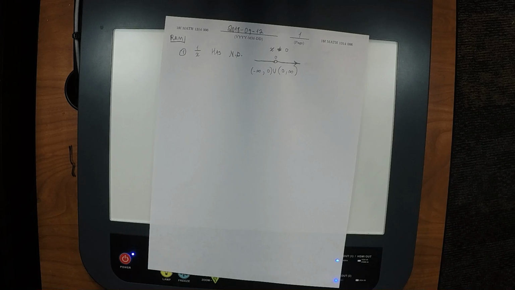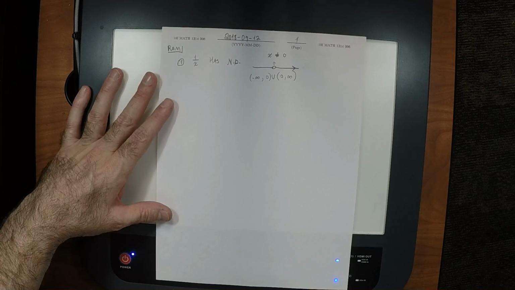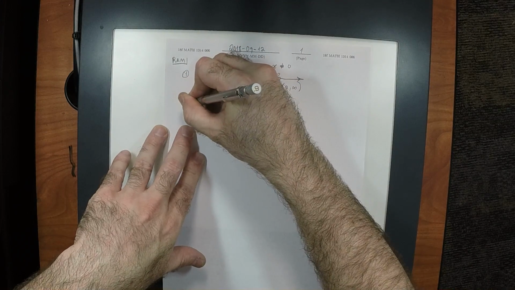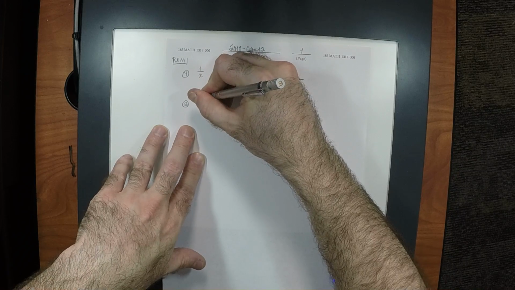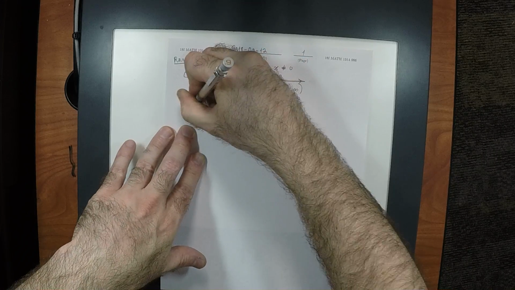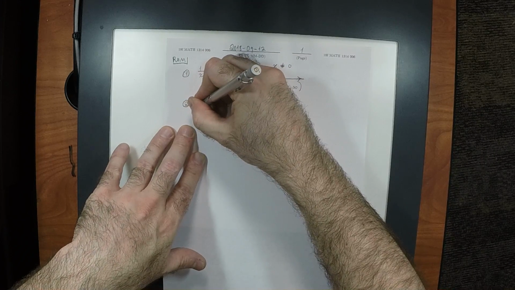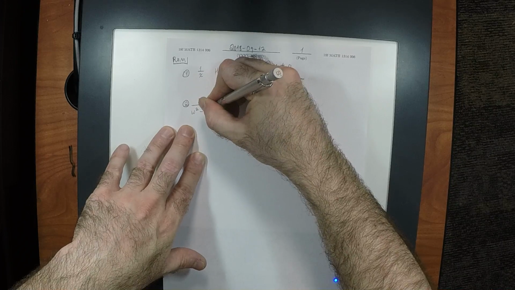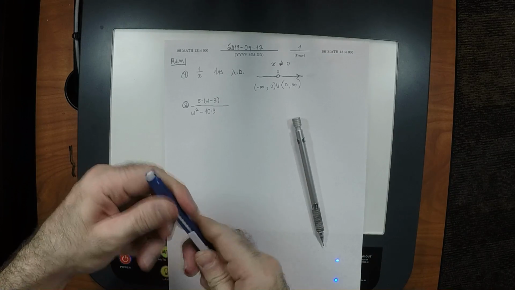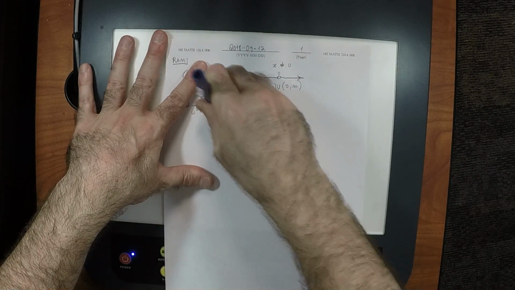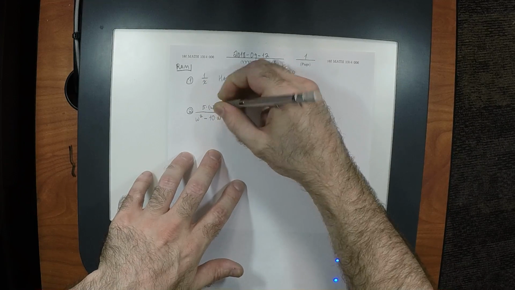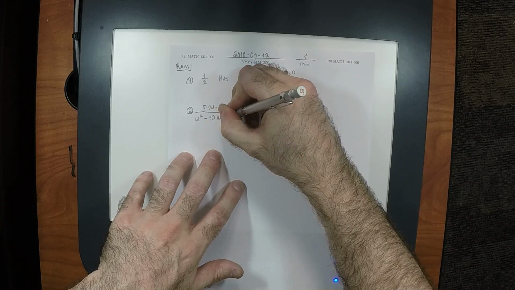And one slightly, possibly surprising matter about this is something like the following. I could say, how about 5 multiplied by w minus 3, and then all divided by w squared minus 10w plus 21.